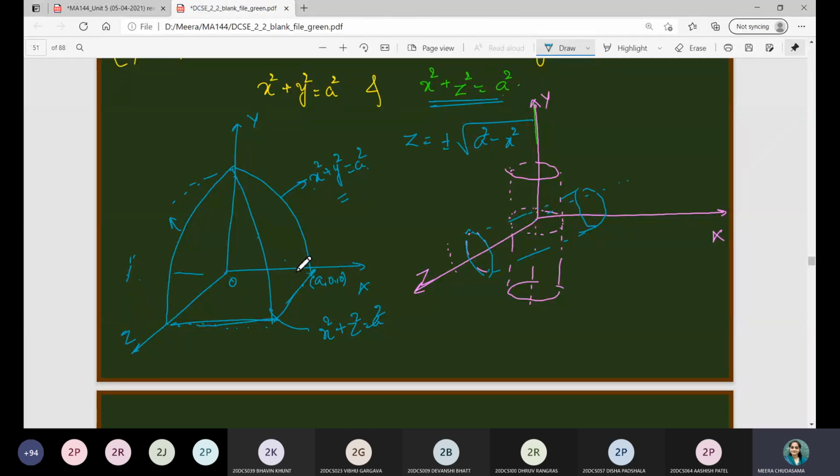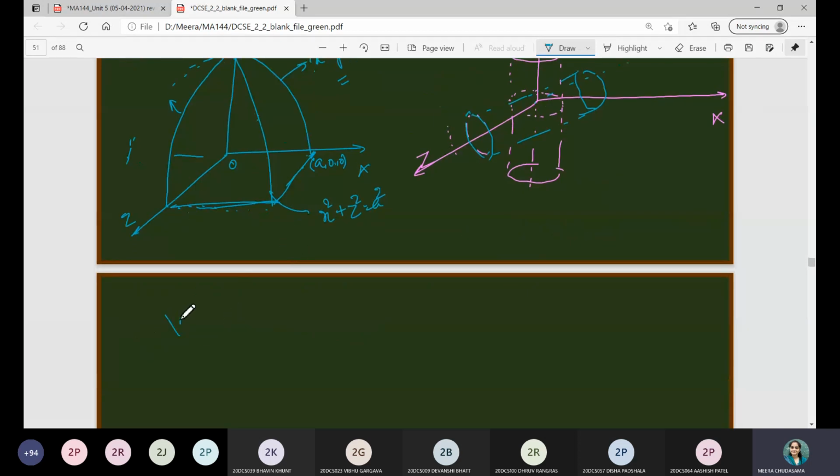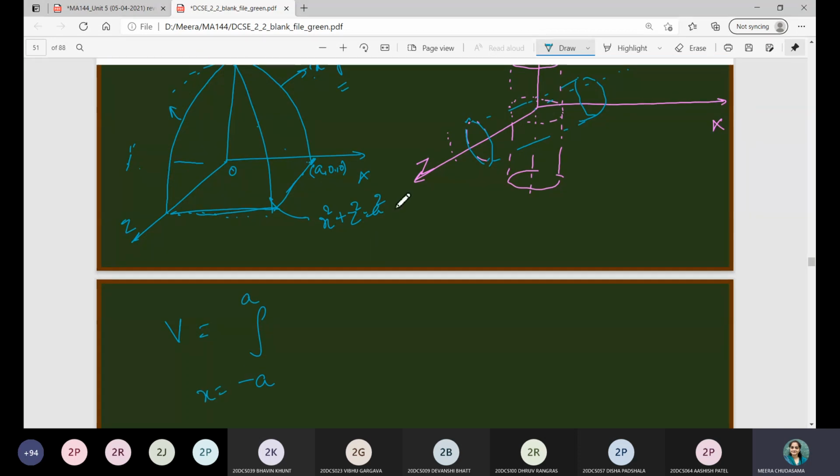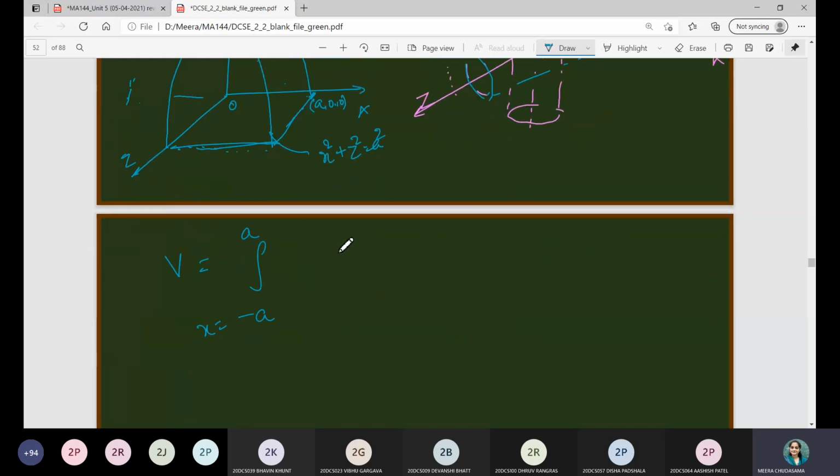So these three are the limits of the intersecting part of two cylinders. In this case the x variable will vary from minus a to a, since we are given the radius common to both cylinders as a. Then the y variable varies from minus square root of a square minus x square to positive square root of a square minus x square.